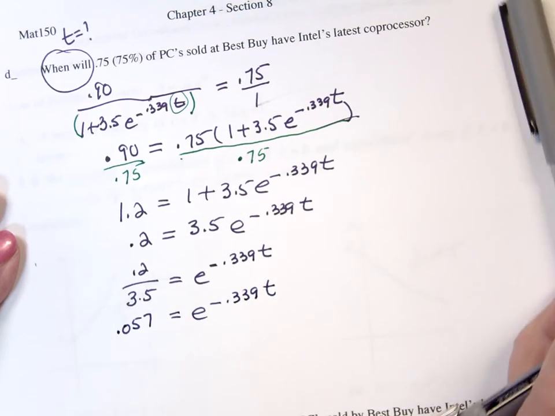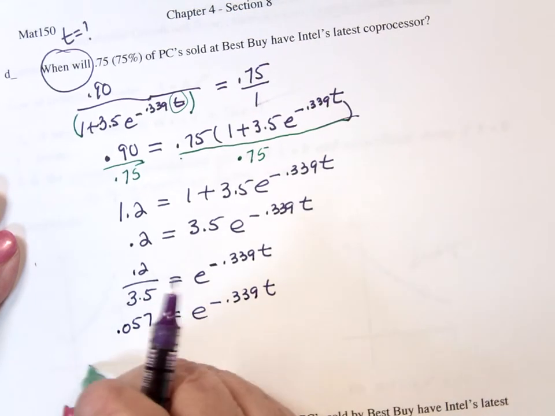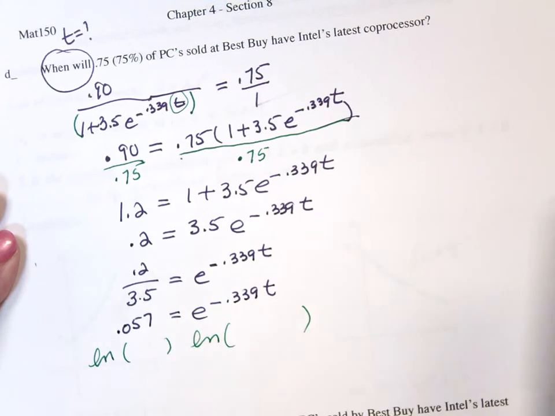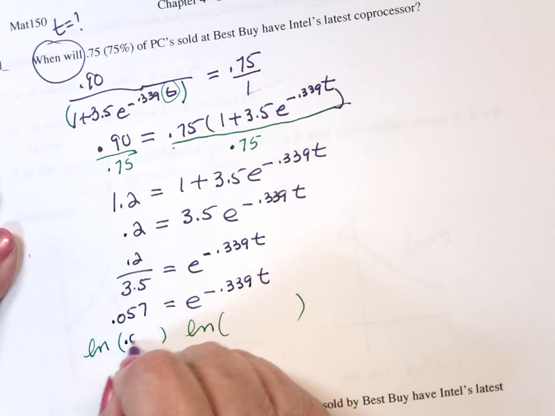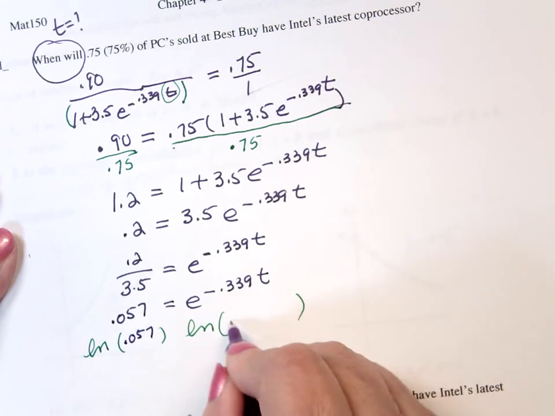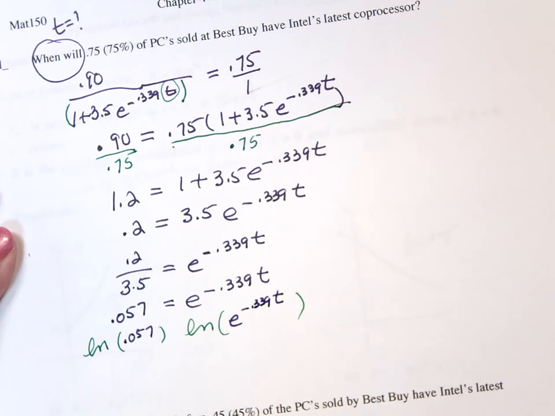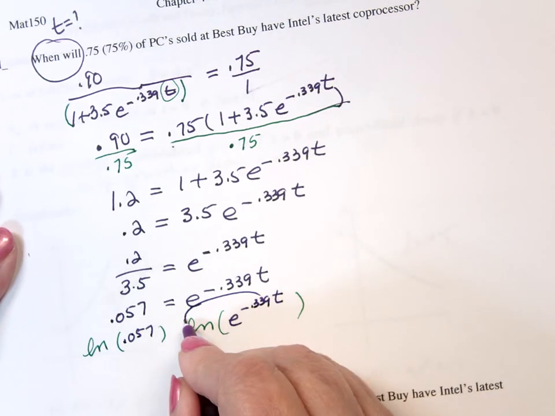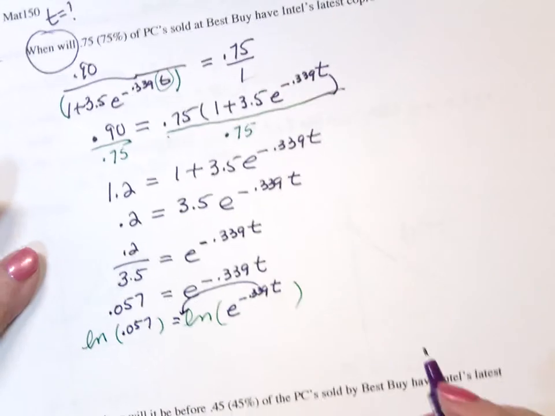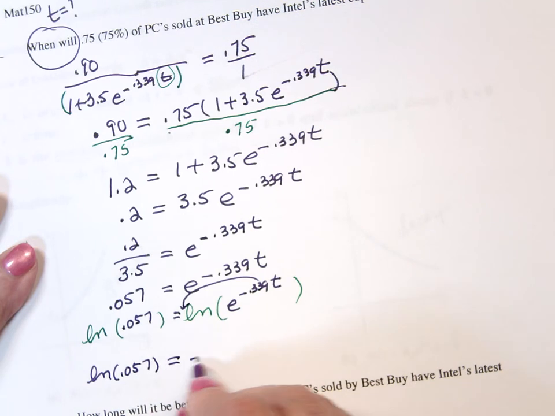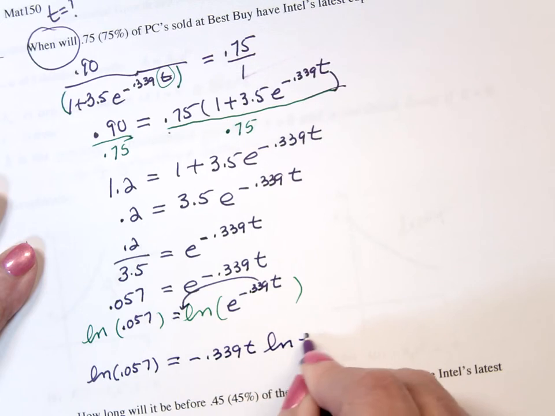And then what do we do? Take the natural log of both sides, and bring the exponent down in front so that the natural log of 0.057 equals minus 0.339t, natural log of e.